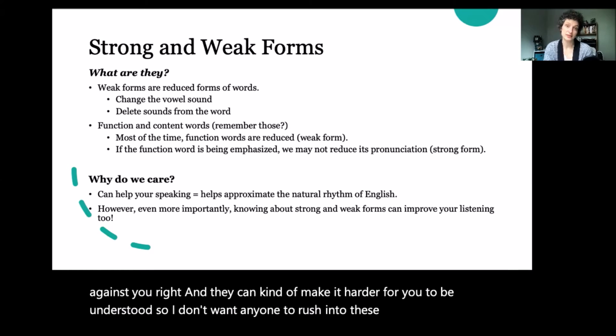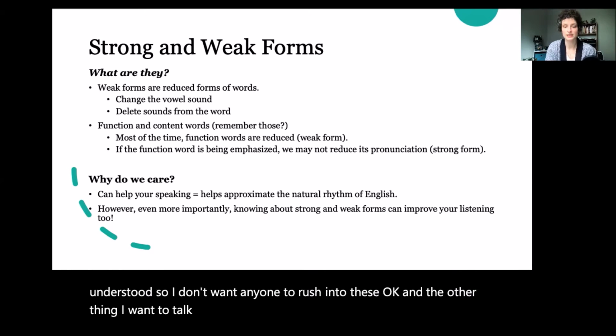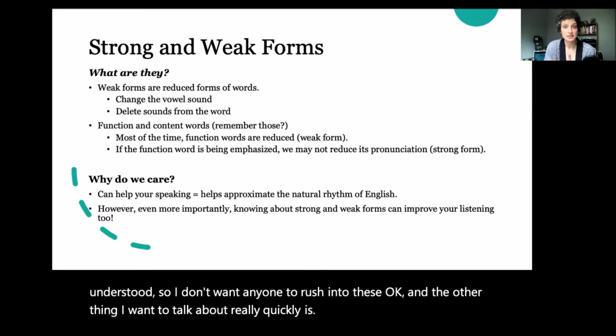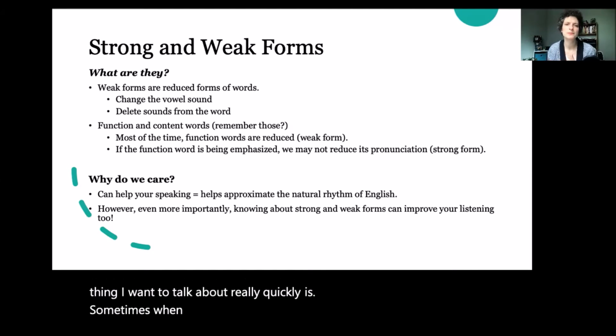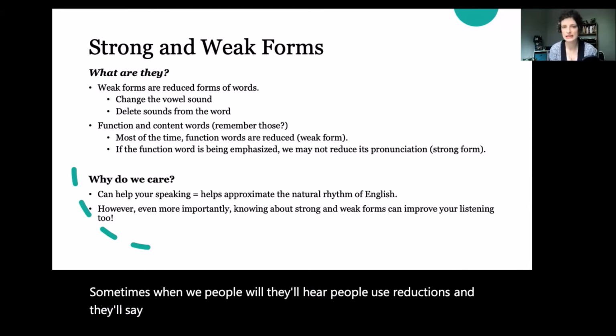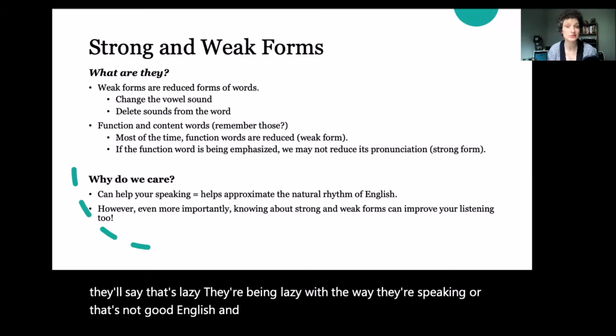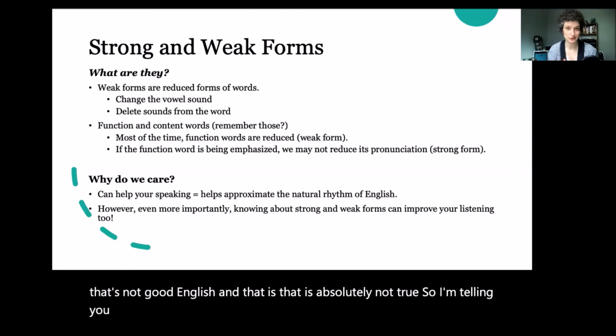And the other thing I want to talk about really quickly is that sometimes people hear people use reductions and they'll say, oh, that's lazy. They're being lazy with the way they're speaking, or that's not good English. And that is absolutely not true. So I'm telling you here, that's not true. Reductions are not lazy.